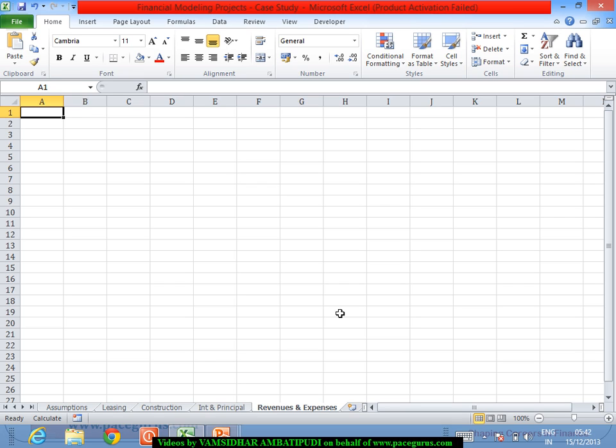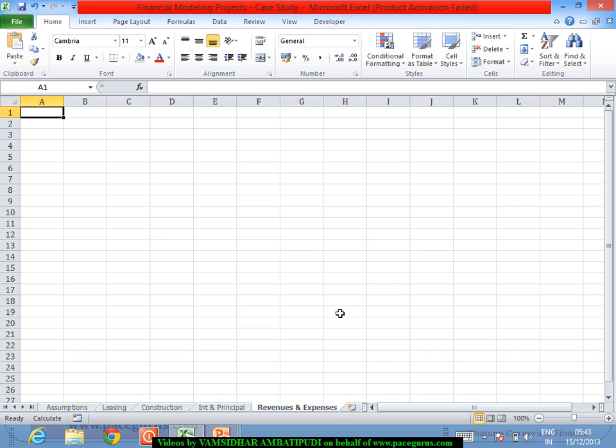But the one thing I suggest you go ahead with, as a practice, is that all the calculations should come from your assumption sheet itself. Even if you are taking some additional time in your modeling exercise, everything has to come from the assumption sheet. Anything whichever you are changing, that has to come from the assumption sheet itself.